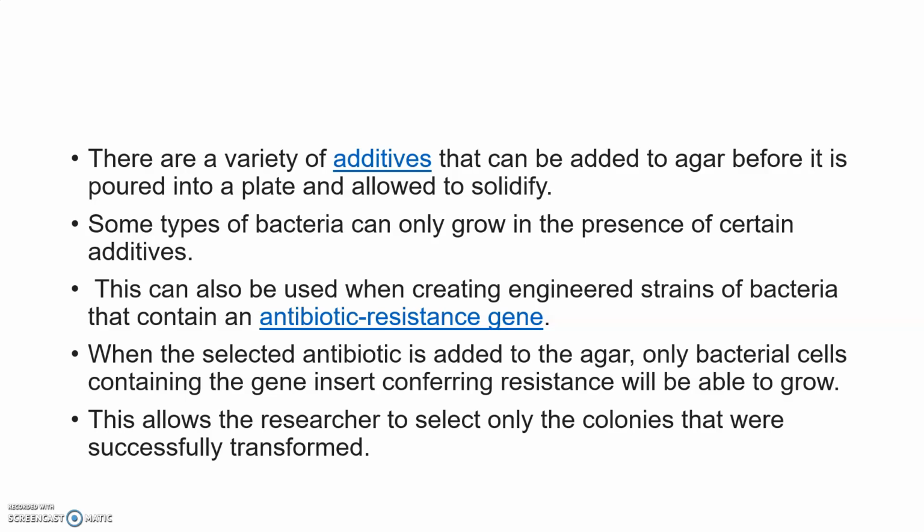When the selected antibiotic is added to the agar, only the bacterial cells containing the gene insert conferring resistance will be able to grow in the antibiotic-added media. This allows the researcher to select only the colonies that were successfully transformed.